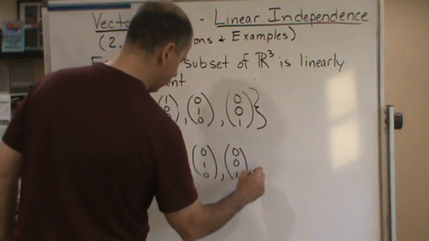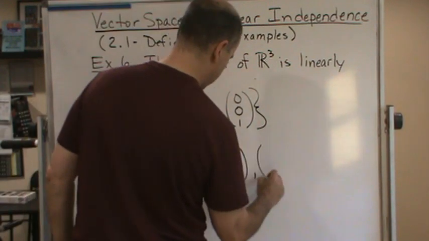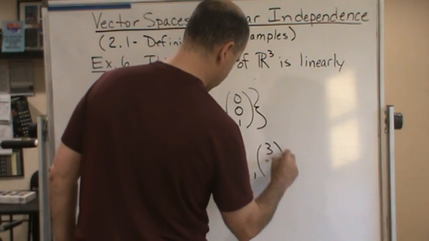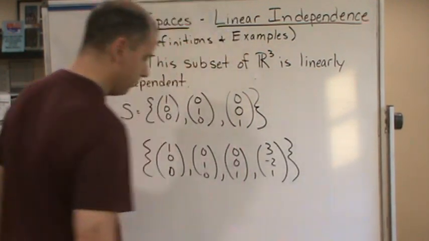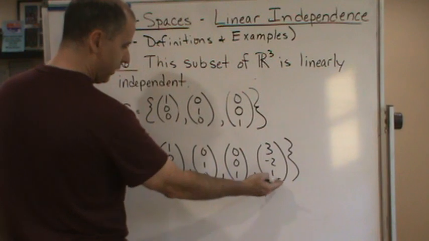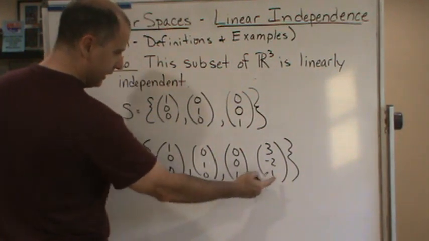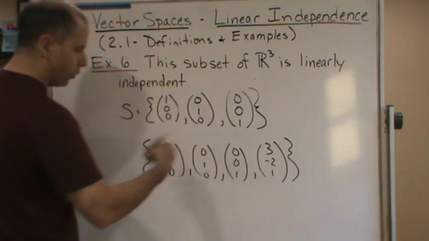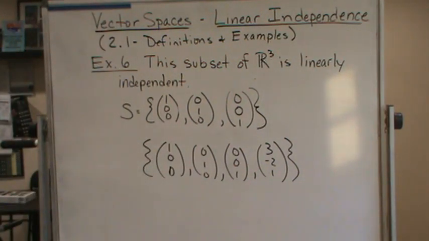And so we can add this vector here and so we can get a dependent set, right? So if we add another vector, we can see that this is going to be a linear combination of these three, right? So the question is, can I add another vector to this set to make it linearly independent?